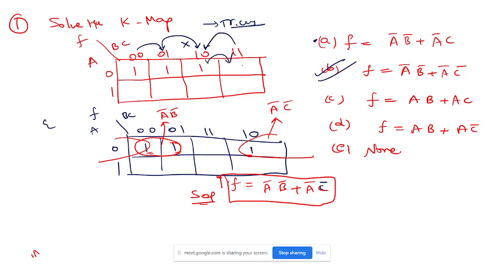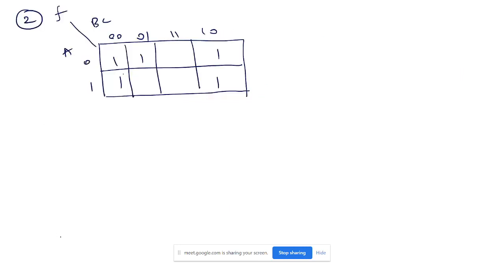That's it. Okay. This problem is very easy actually. Just to get into the motion, I just gave you this.